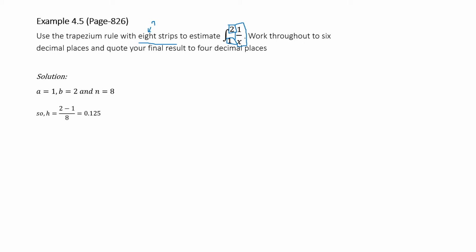When you do this with a calculator, if you click the mode button, there will be an option of table.